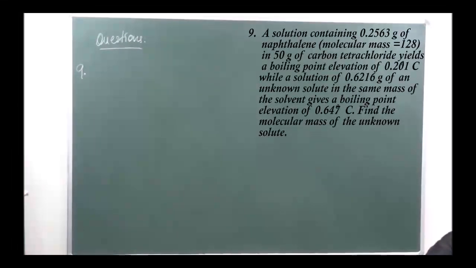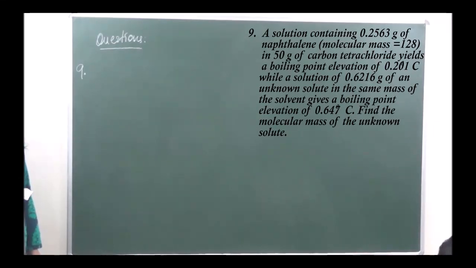Question number 9: a solution containing 0.2563 grams of naphthalene, molecular mass 128, and 50 grams of carbon tetrachloride yields a boiling point elevation of 0.201 degree. Okay, while the solution of 0.6216 grams of an unknown solute in the same mass of the solvent gives a boiling point elevation of 0.647.